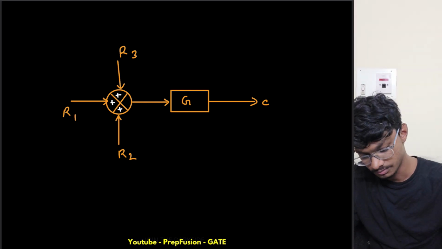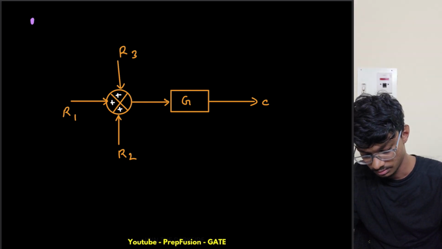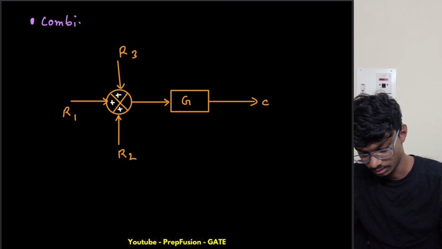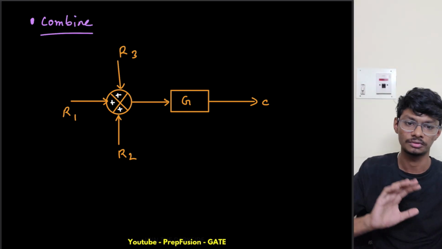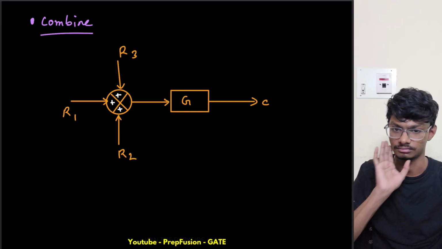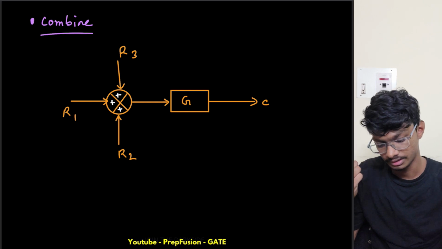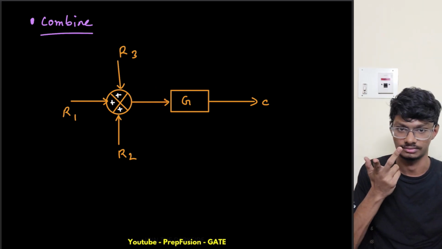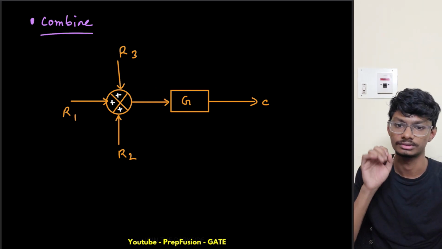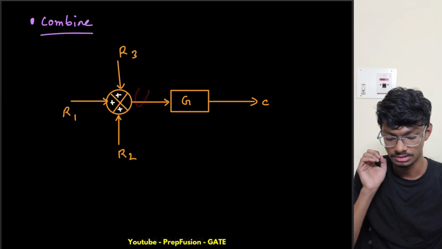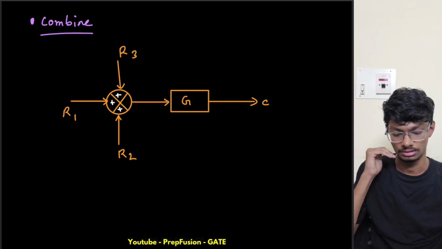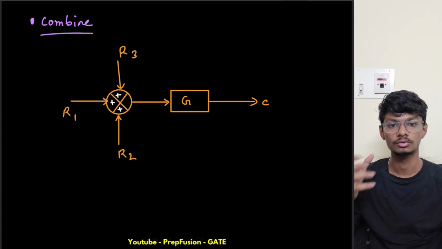What I can do is simply combine them into one single adder. Both of them mean the same thing only. So again, if there is a subtractor here also, then also I can simply interchange them. If there is an adder, subtractor, whatever may be the case, I can interchange them. Just this output should remain same. Okay, let's go to the next rule.